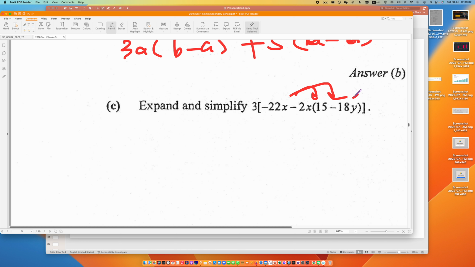Next time when you have a bracket, you better show me the arrow, okay? No arrow, even if you are correct, I also mark you wrong. Next time if I see you open the bracket, you better show me the arrow. If not, I will mark you wrong. I will keep asking you to redo, redo until you are fed up.